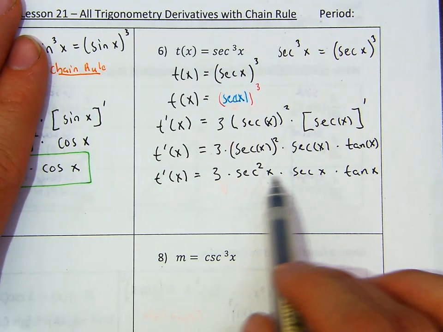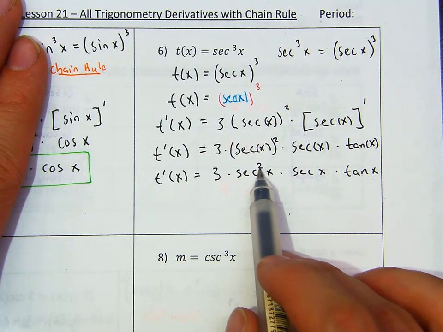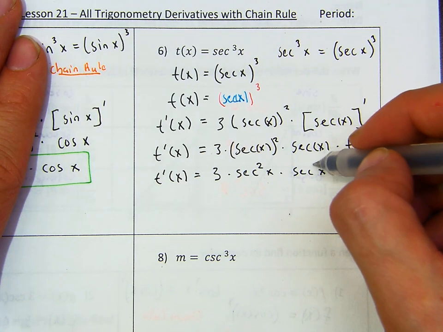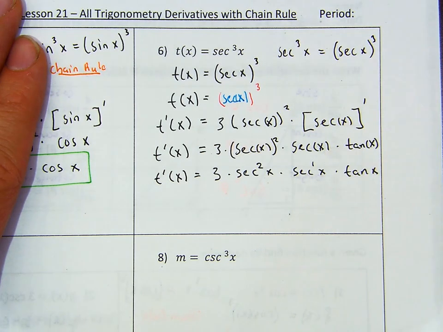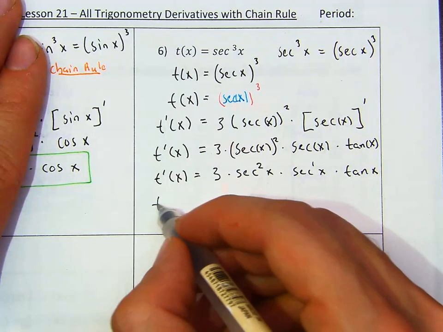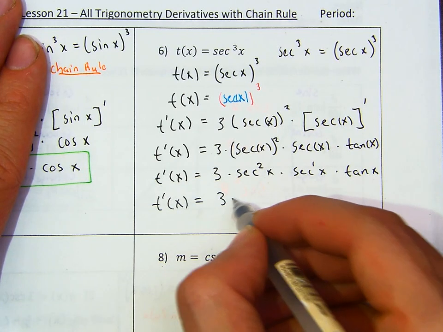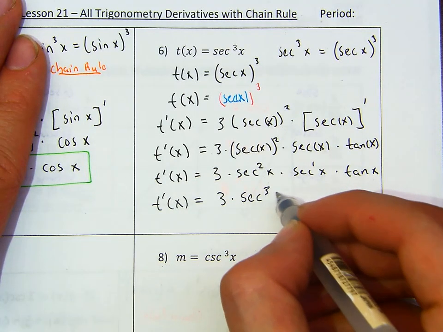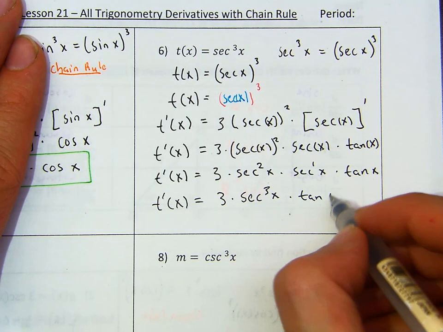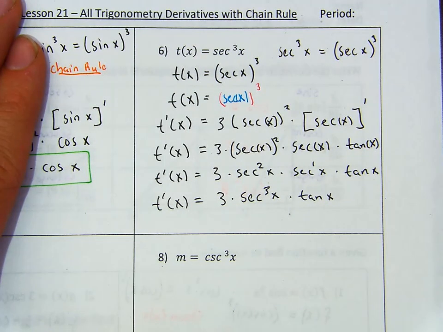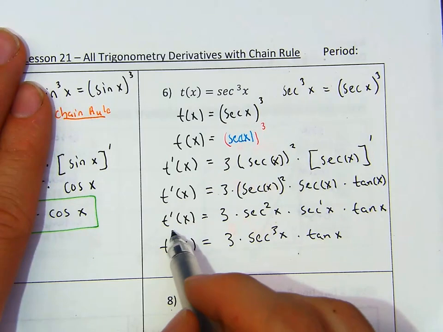What do you think this will combine to? Notice that what's the exponent here? 2. What's the exponent over here? It's that invisible 1, right? So we have t prime of x is equal to 3 times secant cubed x times tangent of x. And that is the derivative of secant cubed x.